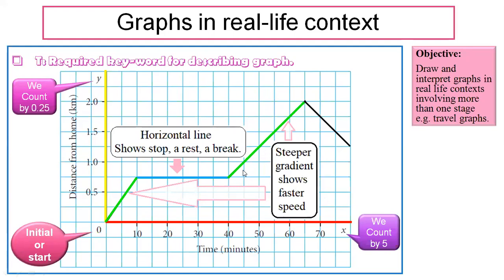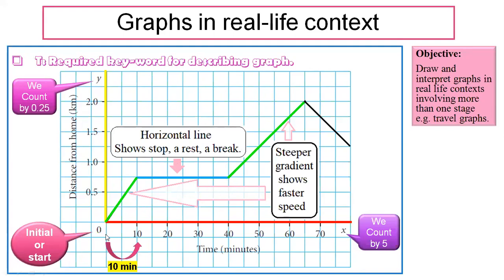So when your line is steeping up, it means that the speed is getting faster. It shows faster speed. And this blue one here, it means that the person who's moving, running, walking, or the car, whatever the object that we're talking about, is stopping, taking a rest, a break, whatever. It's not moving from here up to here.